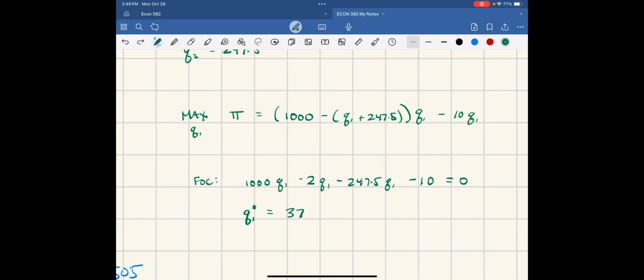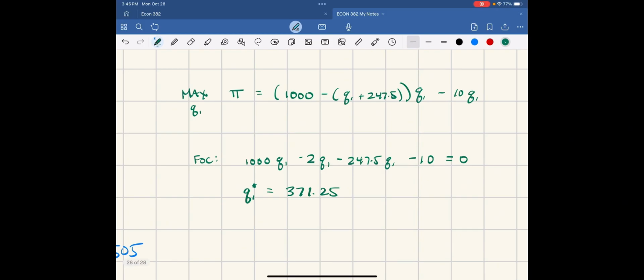Now to find price, price is equal to 1,000 minus 371.25 plus 247.5. And that's how we're going to be able to find prices, because with the new quantities, the prices are going to change. And so prices are going to go to 381.25.